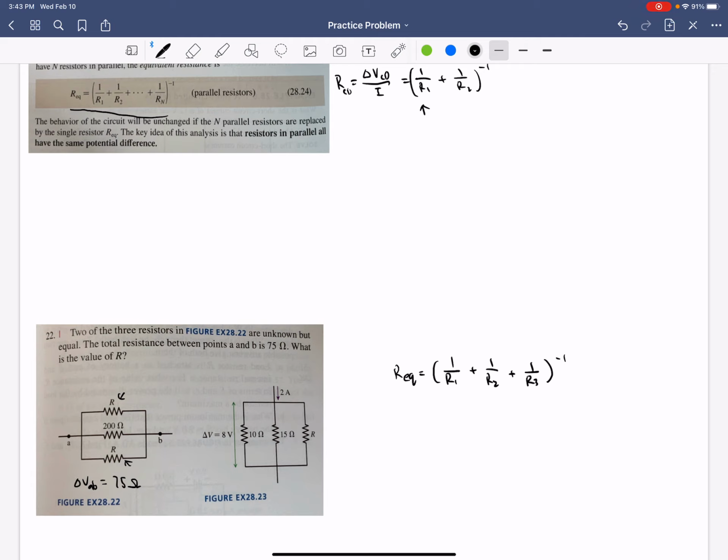So let's plug it in first. Let's call these R1, R2, R3.